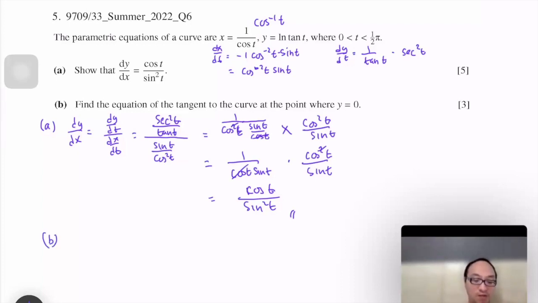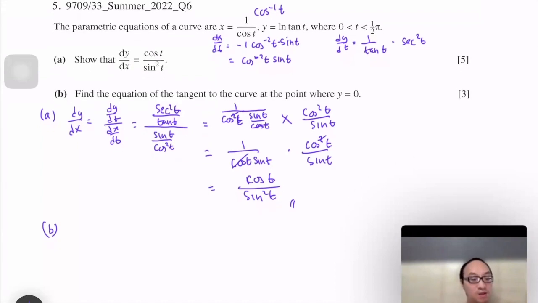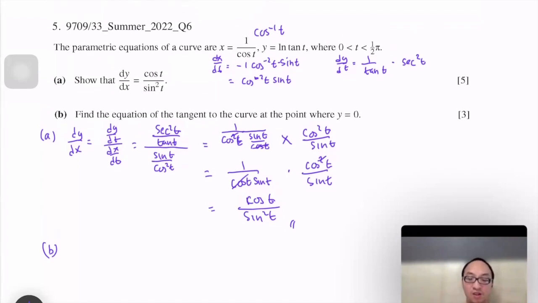B. Find the equation of the tangent to the curve at the point where y equals 0. Now, to make the equation of the tangent, y equals mx plus c, we need the gradient and the coordinates. The gradient can be taken from the first derivative, but we need to find the parameter first.